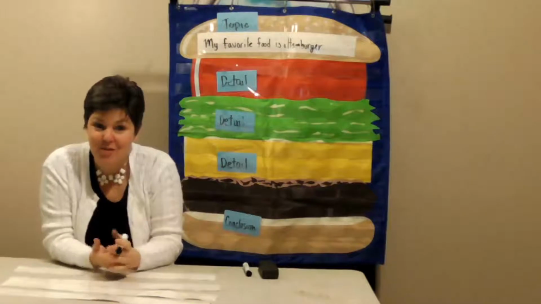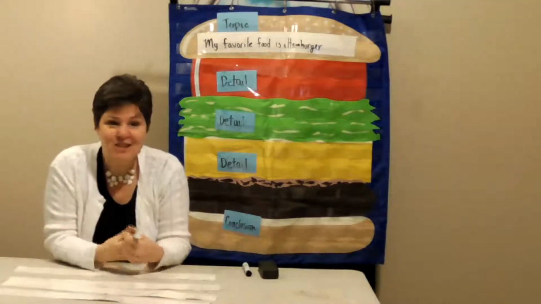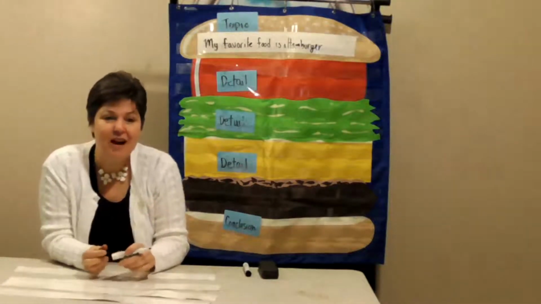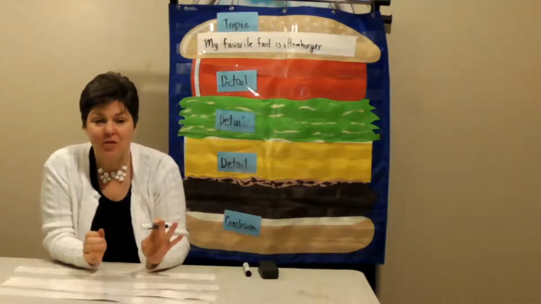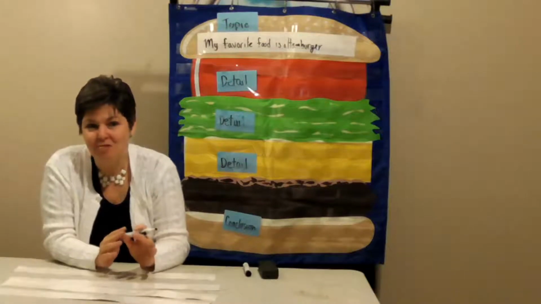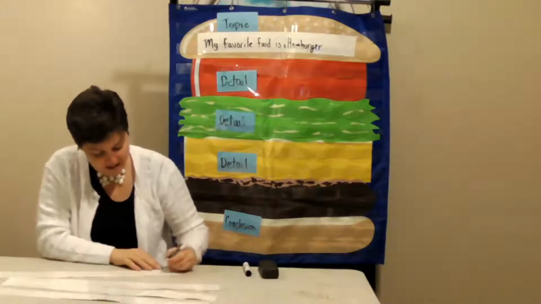Well, you and I both know that there's lots of different kinds of hamburgers out there. On a street near my house, I have like 3 different hamburger places. We've got Five Guys, we've got In-N-Out, we've got Have-A-Burger. So what does the perfect burger require for you? We want to give some specific details, okay?